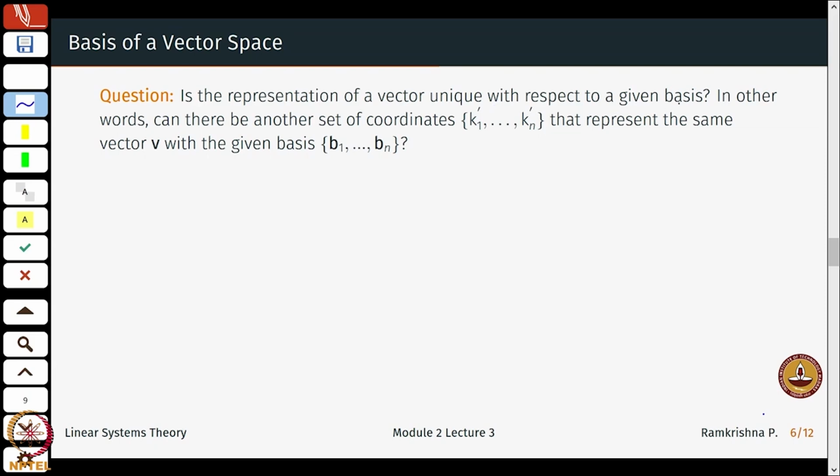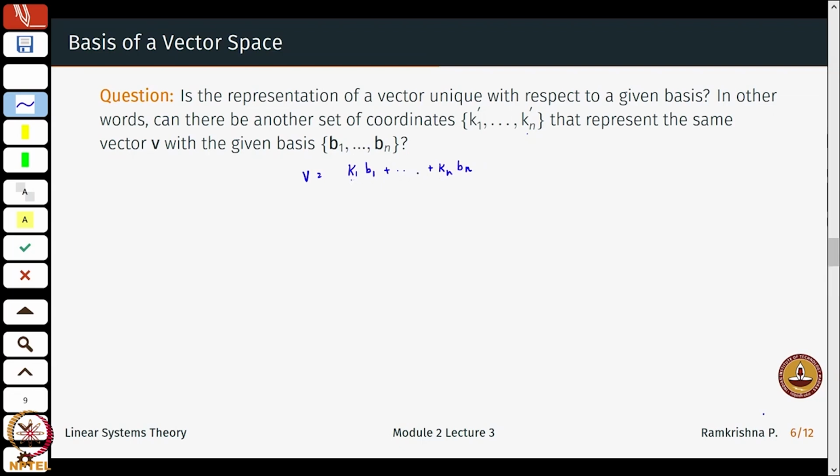respect to a given basis? So what does it mean? That can there be another set of coordinates k1 prime till kn prime that represent the same vector v with this basis? So what is given to us is the following. I have a vector v which can be written as k1 b1 until kn bn, right, with respect to the basis b1 till bn, and the coordinates or the coefficients are k1 till kn.